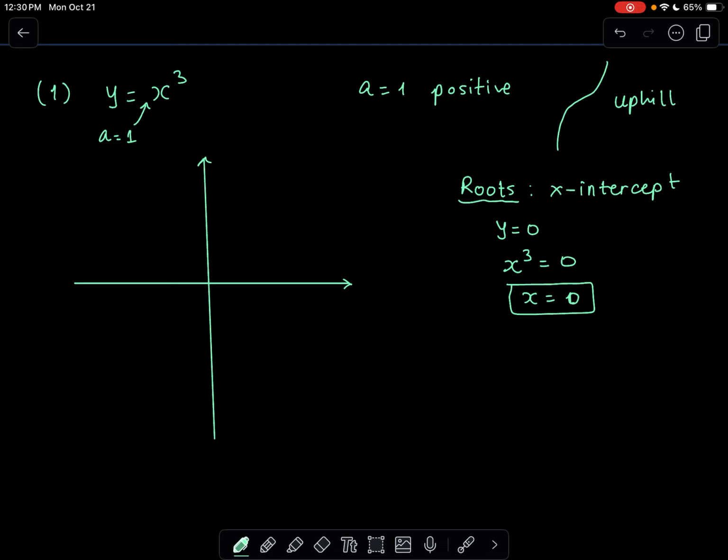And since there is no number added next to the x cube, the y-intercept is also 0. In this case, the graph would look something like this, just going uphill.